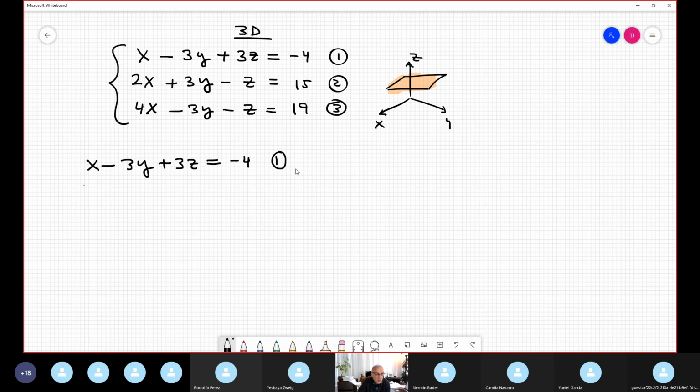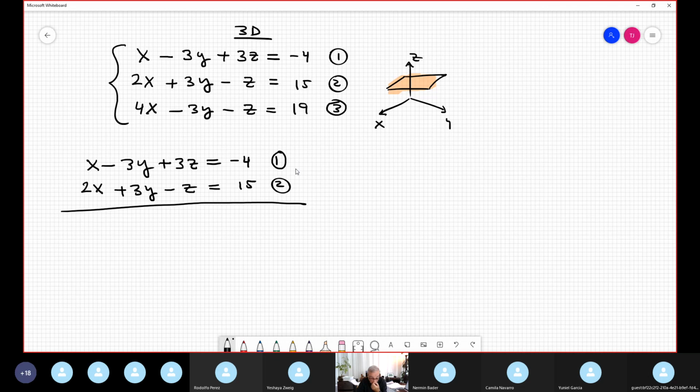Because equation 1 and equation 2 already have elimination in the y part, because it's negative 3y and positive 3y. This does not always happen, but I created this example to make the understanding easy. Another time you need to create that. But okay, this is the idea.